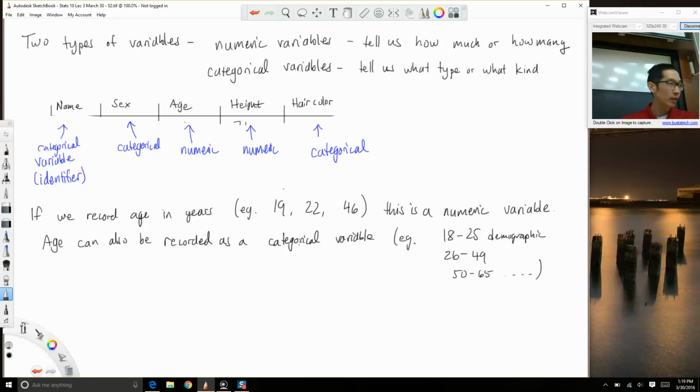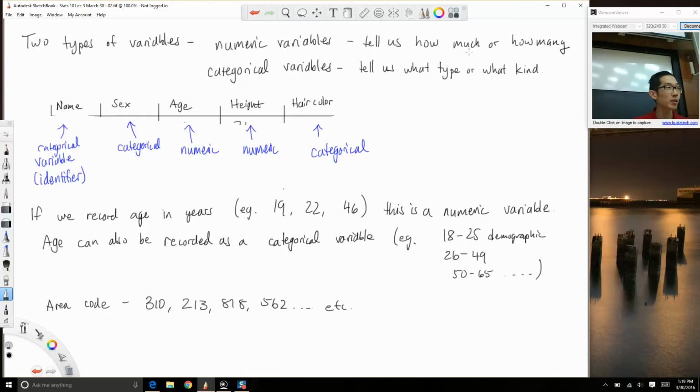Okay. Other things that might appear as numbers may not be numeric variables at all either. For example, we can have area code. You've got 310 versus 213 and 818, 562, et cetera. They're numbers, but they don't tell us how much or how many.